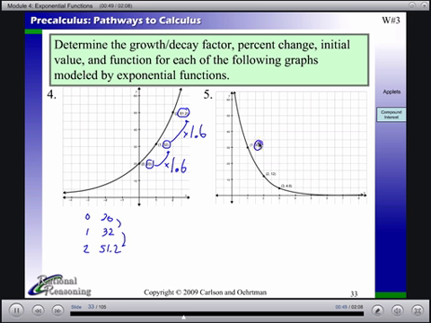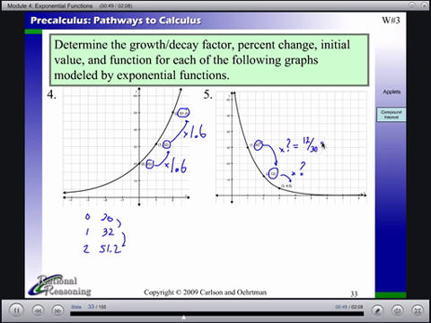Same thing here. So y is the output. What number do I multiply 30 by to get 12? That should be the same number I multiply 12 by to get 4.8. So how would I find this number that I multiply 30 by to get 12? 12 divided by 30.